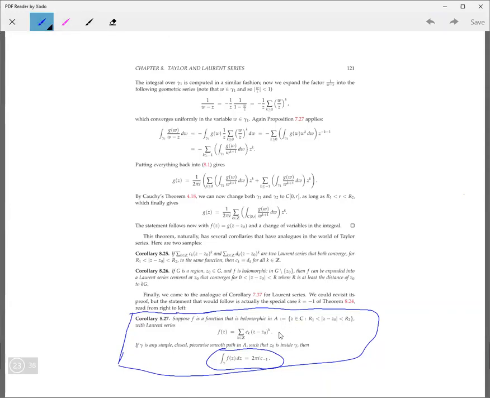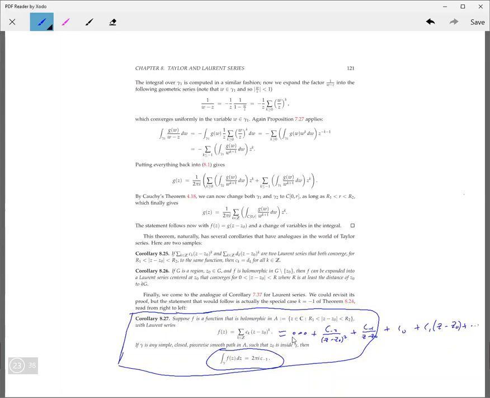Here, what this means is that your function is going to be like this: dot, dot, dot, plus c minus 2 over z minus z naught squared, plus c minus 1 over z minus z naught, plus c0 plus c1 times z minus z naught, and so on.